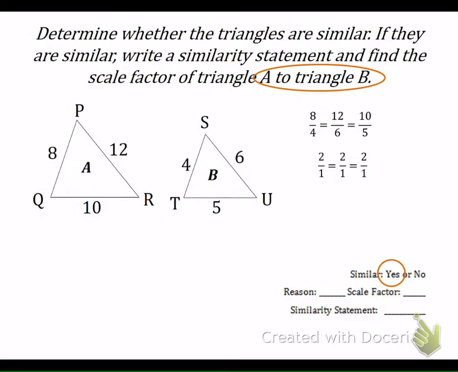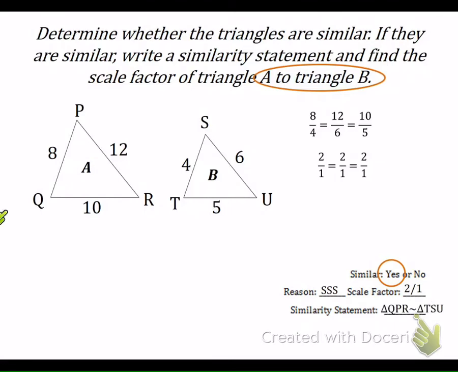So this is the SSS that you just learned. That's the only new part today, this line right here, the reason. Okay? So the reason is by SSS. All the sides are proportional. Okay? Then the scale factor is just what you got when you reduce the sides. Then we're going to write a similarity statement. This is where the order matters. Okay?